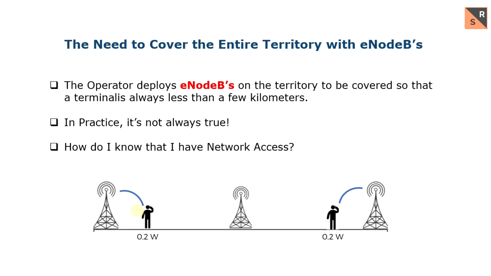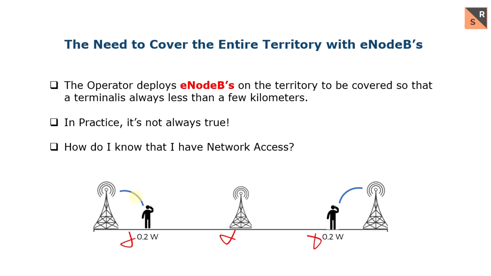What the operator will do is deploy base stations as regularly as possible in order to cover the territory, in a way that wherever I am, I'm less than a few kilometers from a base station. Of course, in practice, this isn't true. There are wide areas where there is no coverage, but having base stations everywhere is the ultimate objective.